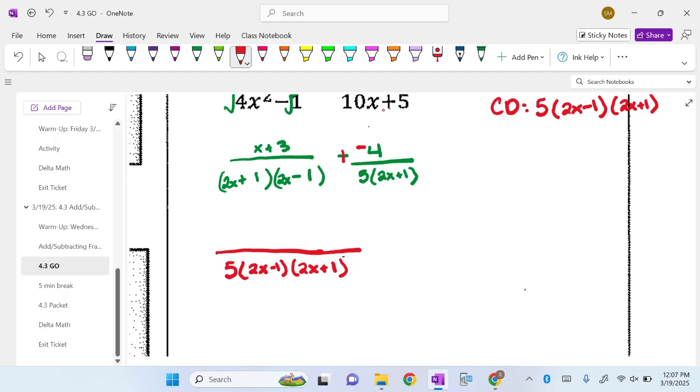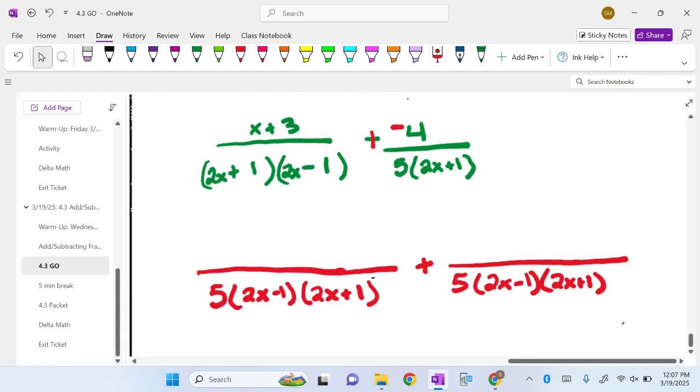When in doubt, just go ahead and distribute the negative to that first numerator, so it's just taken care of. So this will be plus negative 5 over 2x plus 1 times 2x plus 1. All right. So now it's a what's missing game.